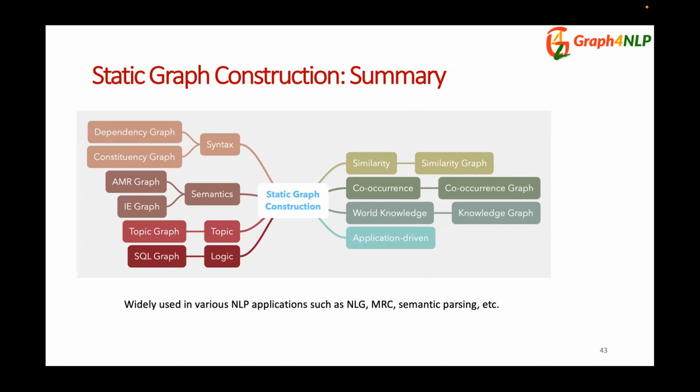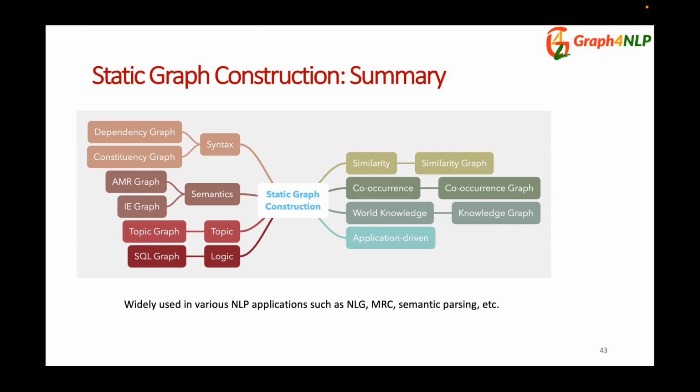As we already see, static graph construction operates by augmenting text with various domain knowledge during the pre-processing stage. Those domain knowledge could include syntax, semantics, topics, co-occurrence, and so on. For each type of domain knowledge, there are various types of graphs we can construct.